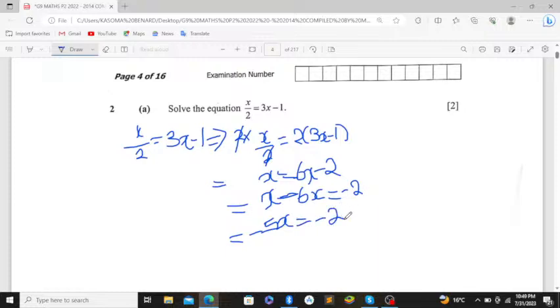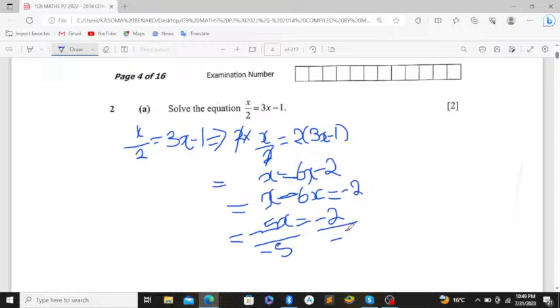Which is going to be equal to -2. Now, remember we want to solve the equation, so we need to find the value of x. So we're going to divide both sides by -5 so that x remains on one side of the equal sign. So we divide by -5 here and again here.